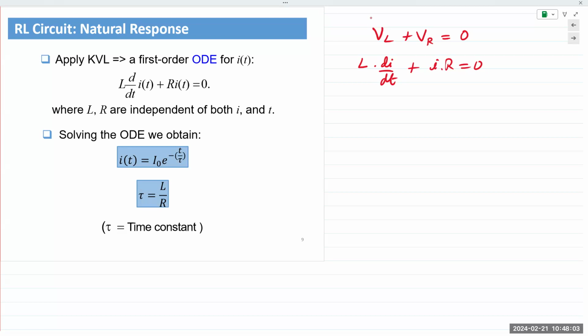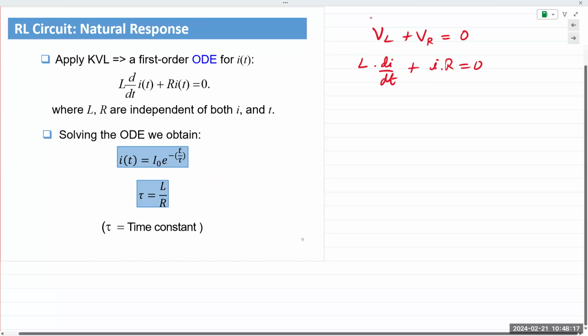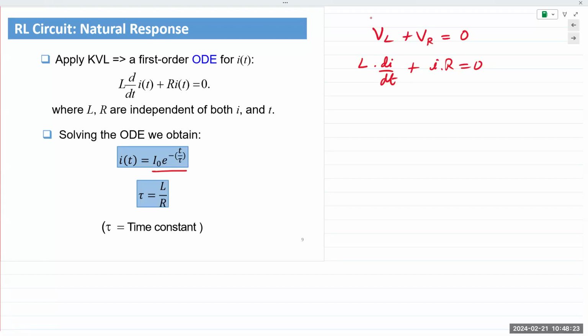The important quantities in these solutions are noted right here. We get an equation for the value of the current as a function of time. So I of t is given by I0 times e raised to minus t over tau, where tau, the Greek letter tau, is the time constant of the circuit and describes the rate of energy transfer.